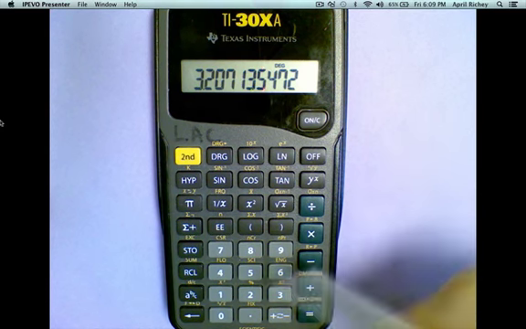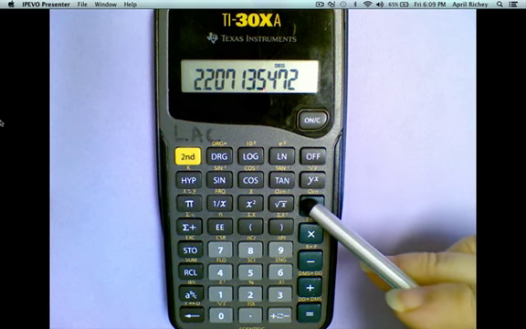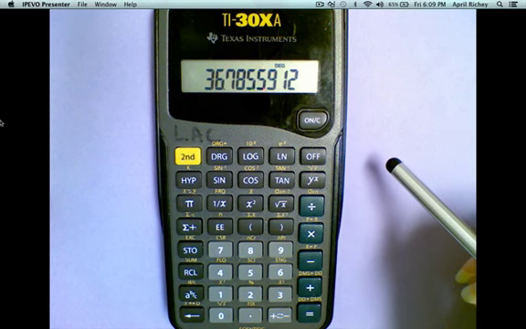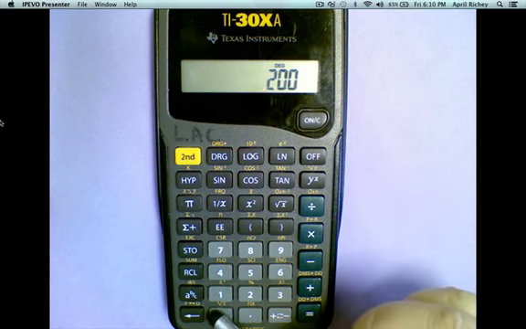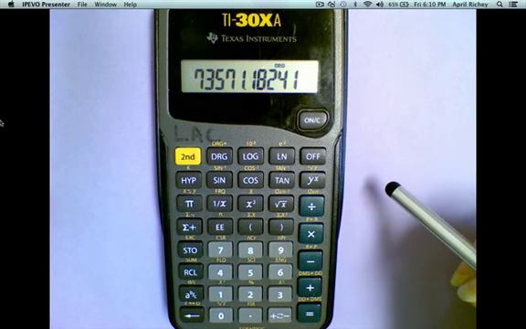Then I'm going to subtract 1 to get 2.207. I'm going to divide that by 0.06, and that gives me 36.7855. And then multiply that by 2,000. And that gives me 73,571.1824, and that decimal continues on.